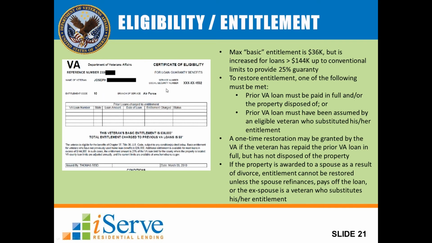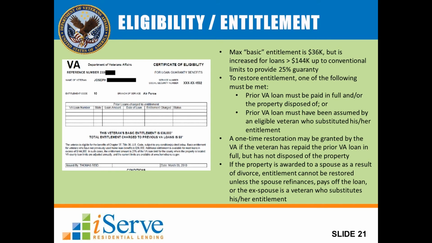And then the branch of service that they served in. This middle section here, if there were any prior loans that charged their entitlement, those are going to be in there. And then down below, you're going to see what their basic entitlement is. In this case, this veteran's basic entitlement is $36,000. That is, for all intents and purposes, full entitlement.